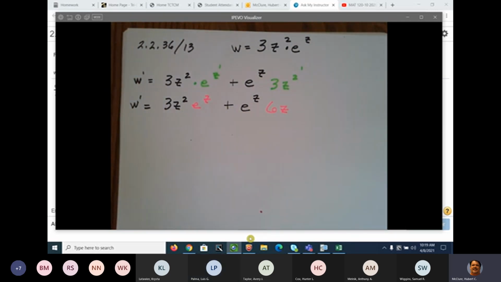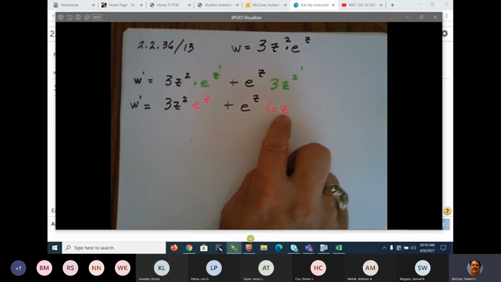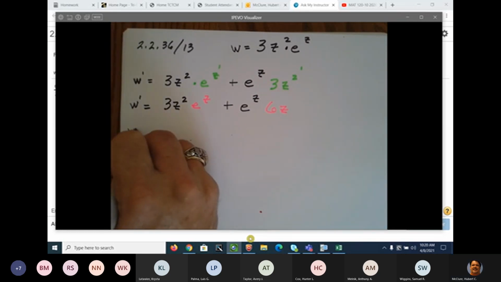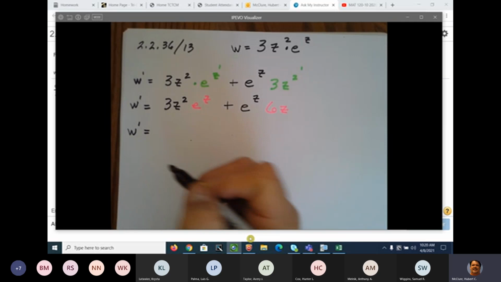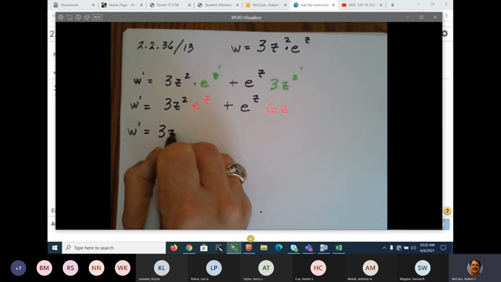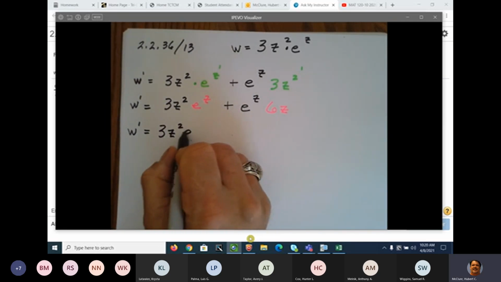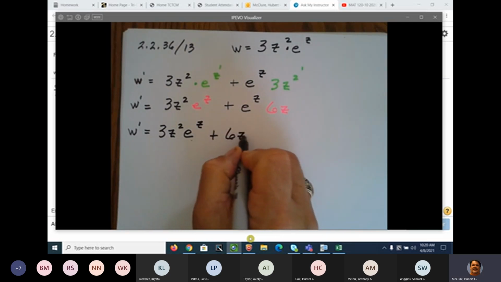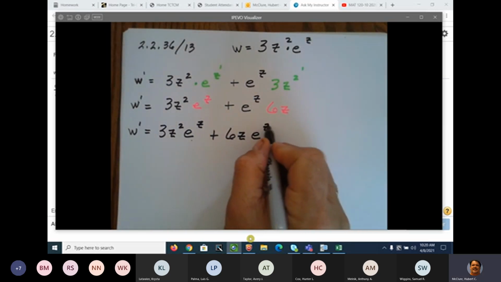Now, if you want to arrange that into, you know, the z's first, you can do that. I would not factor out, although you can. And I'll show you that in just a minute. So my final answer for the first derivative is 3z squared e to the z plus 6z e to the z.